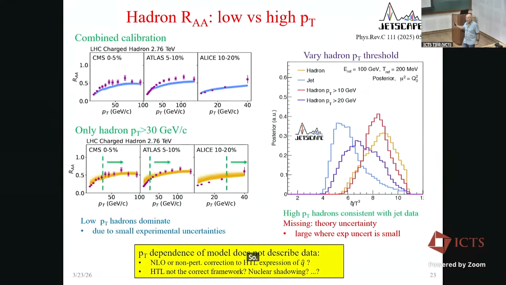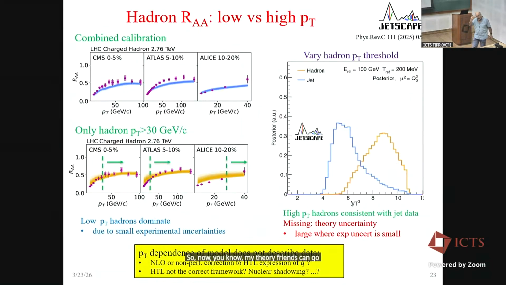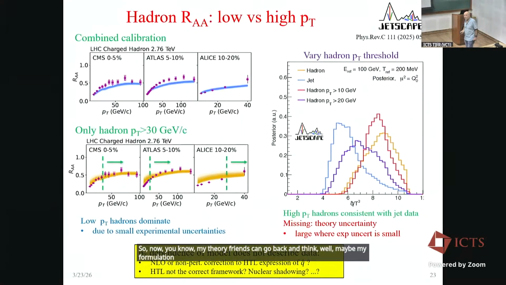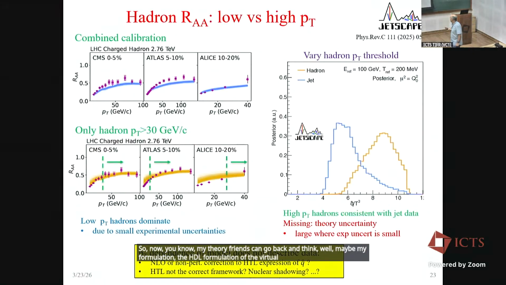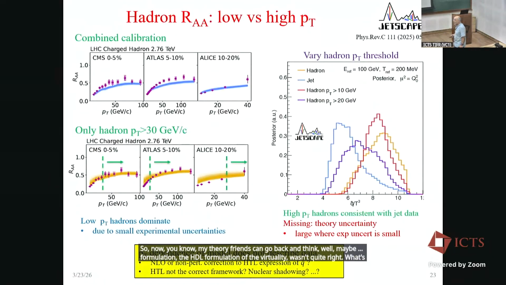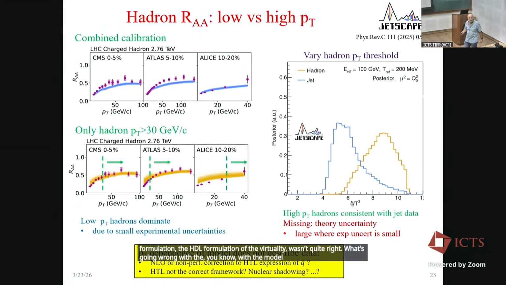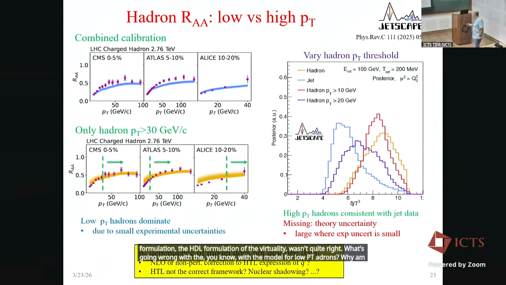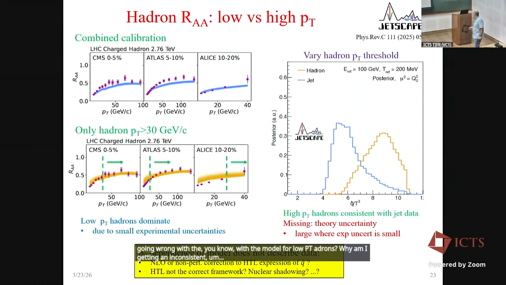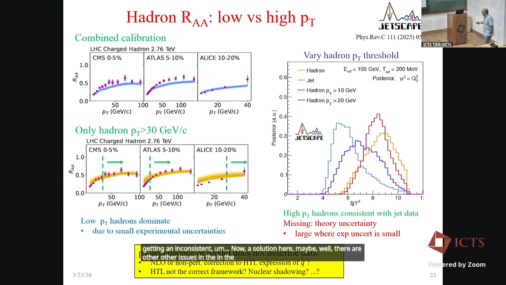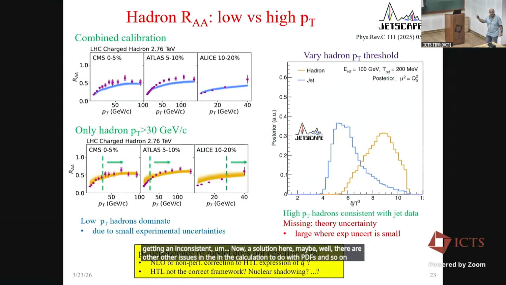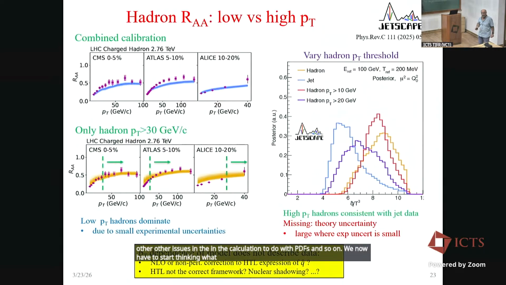So now my theory friends can go back and think, well, maybe my formulation, the HDL formulation of the virtuality, wasn't quite right. What's going wrong with the model for low PT hadrons? Why am I getting an inconsistent solution here? Maybe there are other issues in the calculation to do with PDFs and so on. We now have to start thinking what can actually fix this problem.